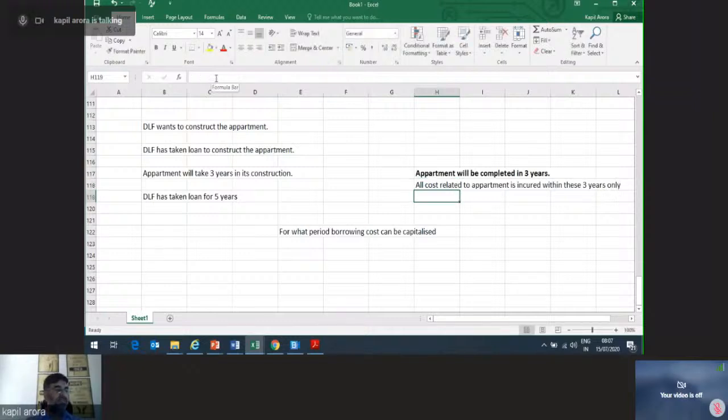Yes, Sunanda, a bearer plant would also be a qualifying asset.